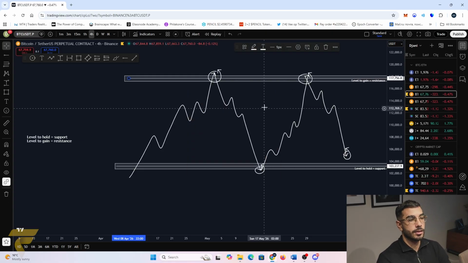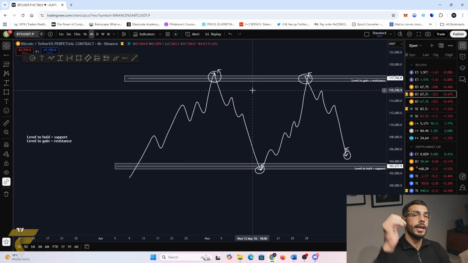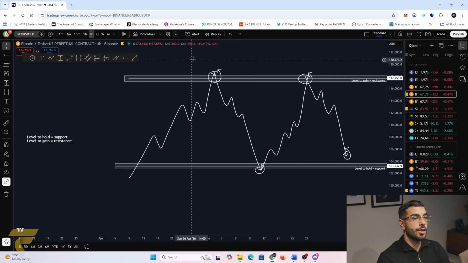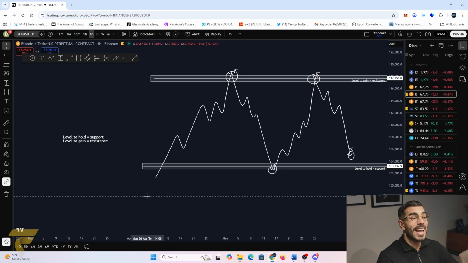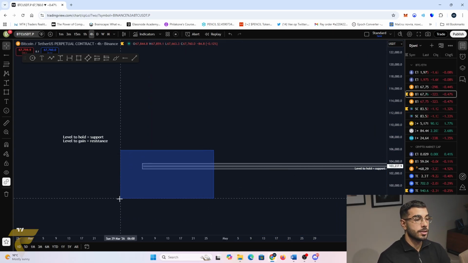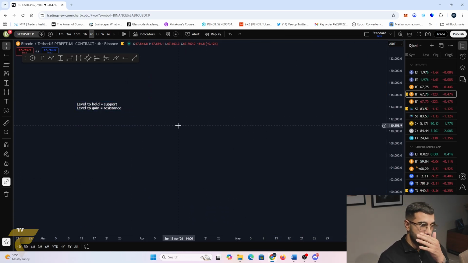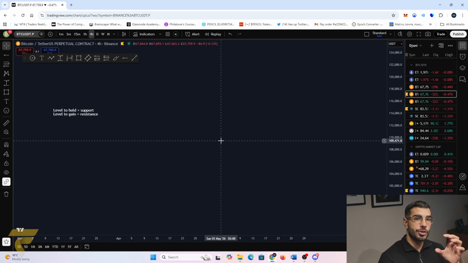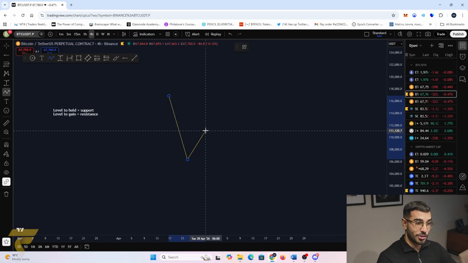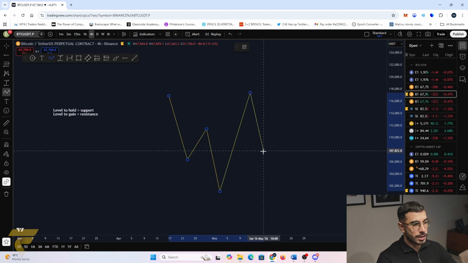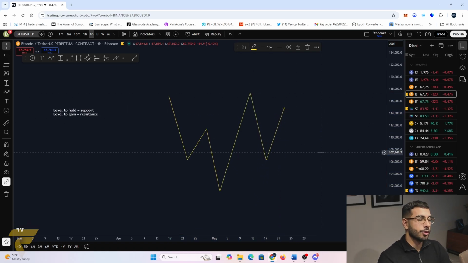Whenever price tends to go to the level to gain, it weakens and then it starts falling to lower prices. However, this is nice to know, obviously, but how do these two concepts get reflected within the reversal pattern? That's very important to understand. Even though this has been explained somewhat briefly, this is obviously the reversal pattern.